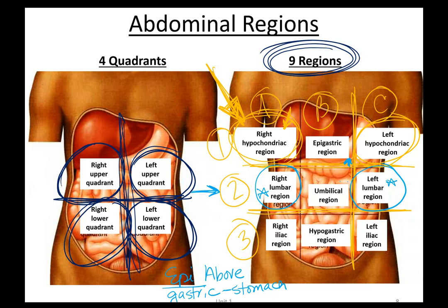Now look dead center in the middle, the umbilical region. What do you think could possibly be there? You're right, the belly button. Exactly. So, looking at the third row, we have the right iliac and we have the left iliac. Now you might be going, okay, what's iliac?